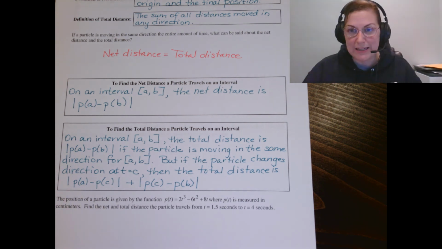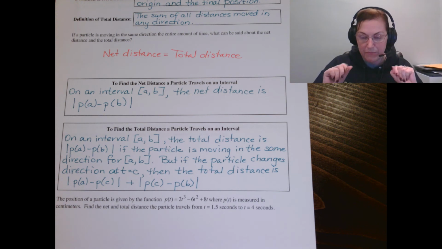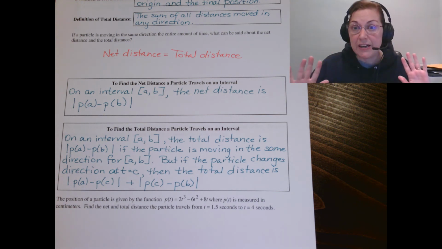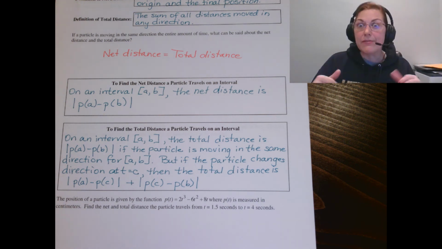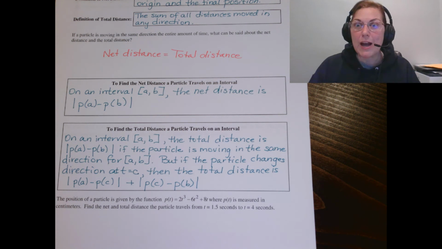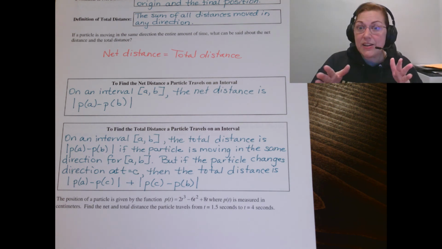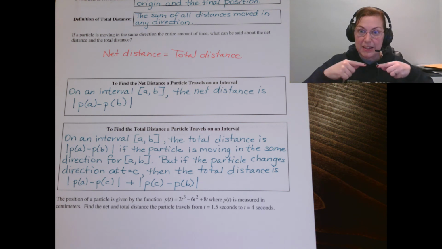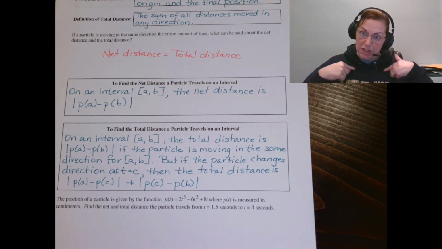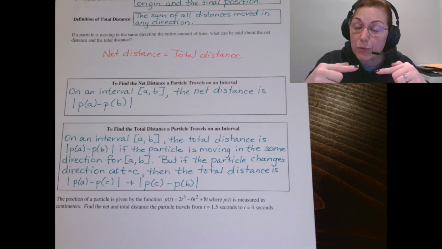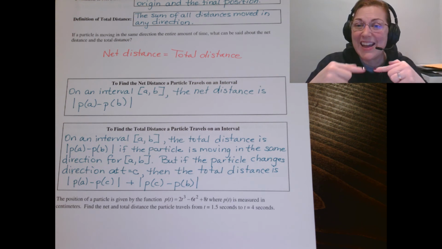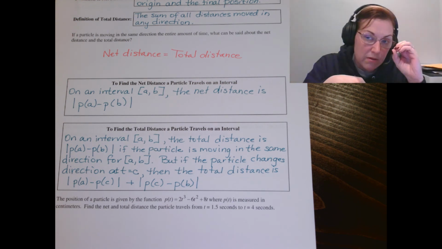Let me give you an example that I like to use for students. I have teenagers. My teenagers drive, right? So let's say we're practicing in my driveway and my teenager is practicing backing up and pulling forward. If she gets in the car and she backs up the length of my driveway and then she pulls forward back to her original starting point, her net distance is 0.